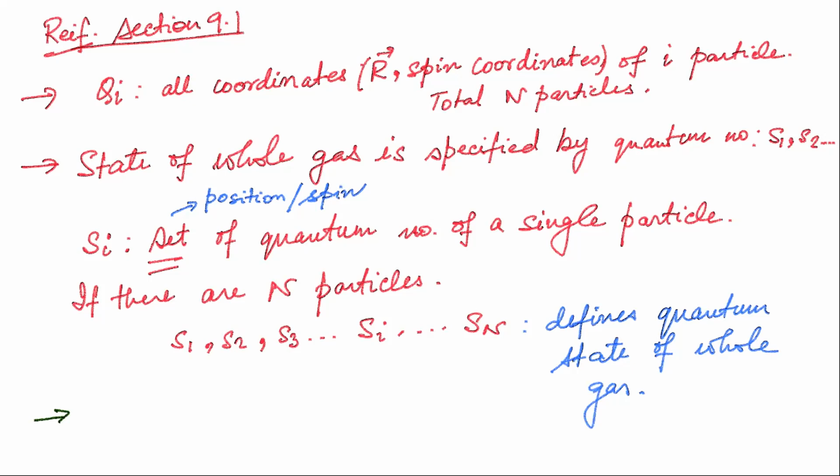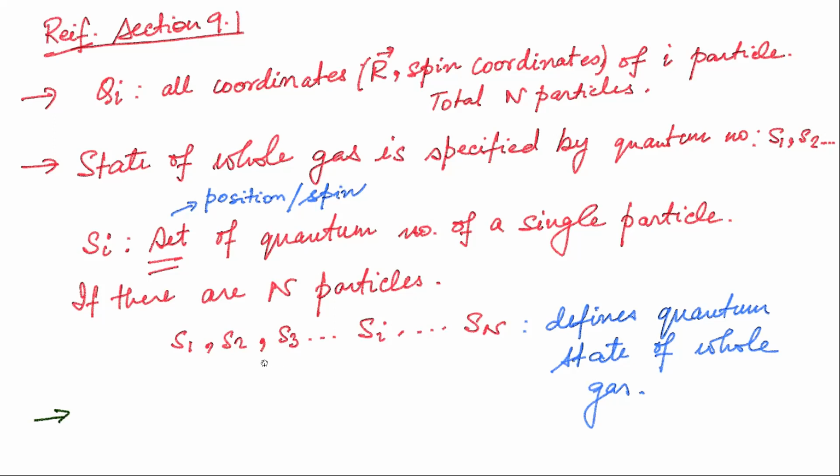But in general, there can be n particles in a system and they can be interacting with each other. Then the state of the system has to be specified by a set of quantum numbers S1, S2, S3, S4, and so on and so forth. Let Si denote the set of quantum numbers of a single particle i, and in general, there can be n particles.